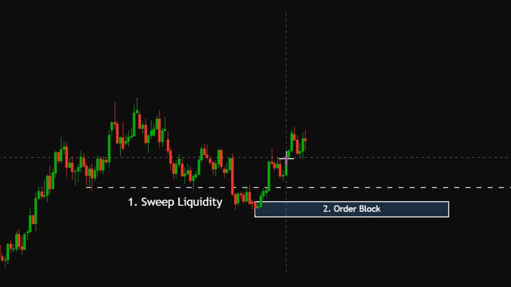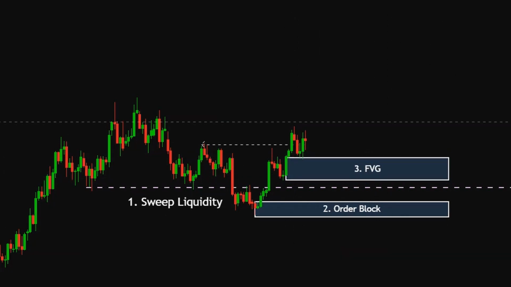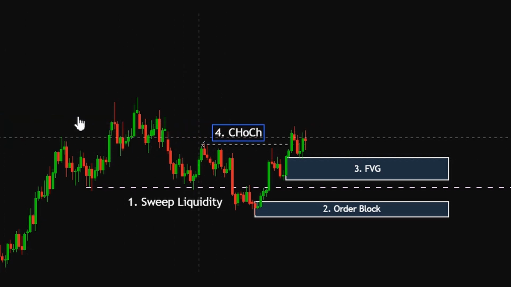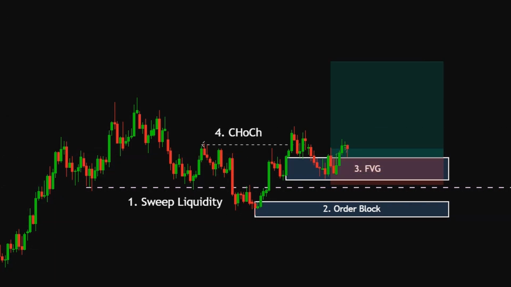The FVG gives you the exact spot where price wants to come back and fill, your clean entry point. And number 4. CHOCH steps in and confirms the trend is shifting. That's your high probability setup right there. So when all of this lines up, the market is basically telling you loud and clear, hey, this is where smart money is playing. No guessing. No overthinking. Just structure doing its thing.